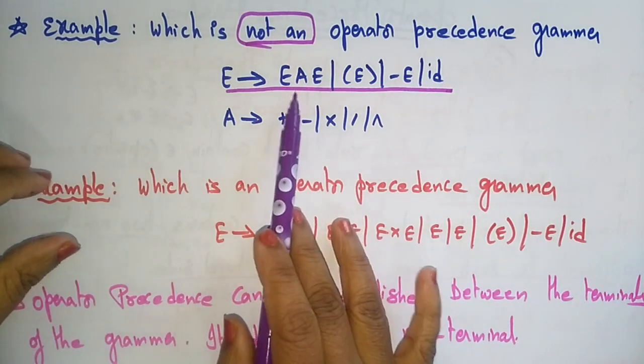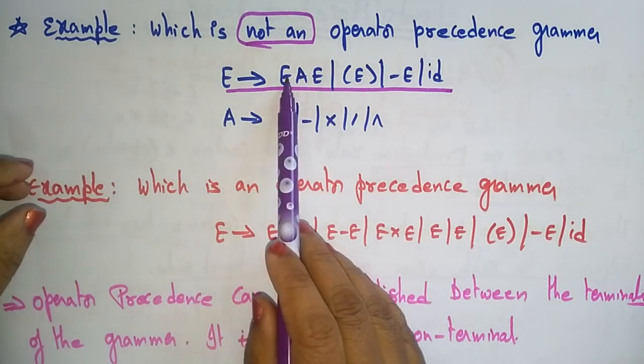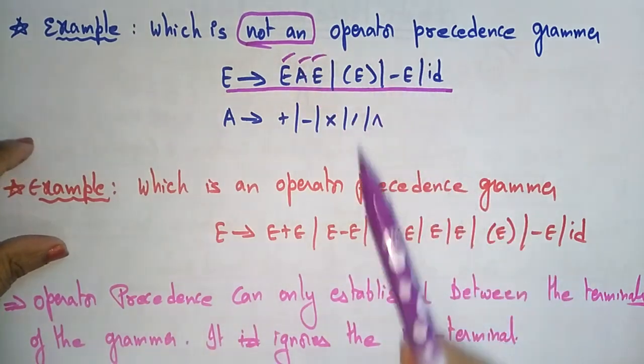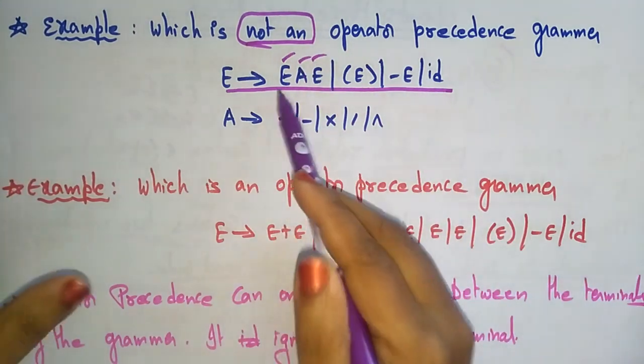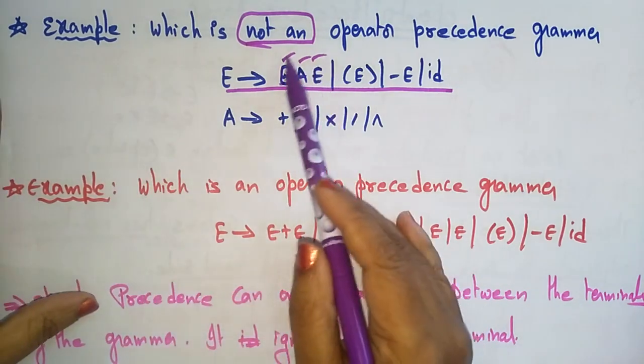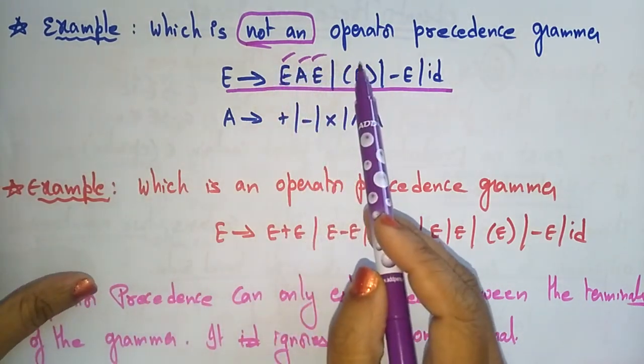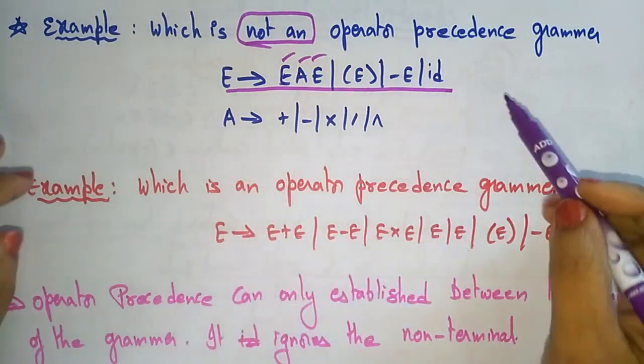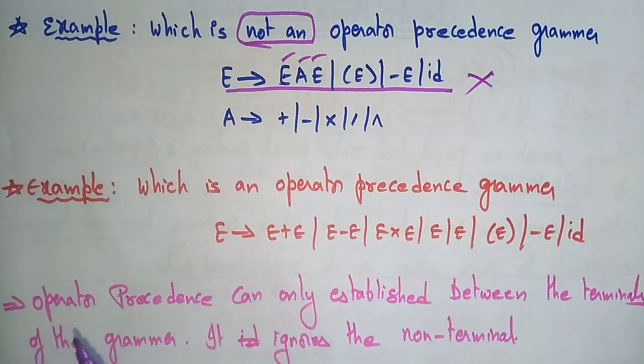Because the non-terminals are adjacent to each other. E is a non-terminal, A is a non-terminal, E is a non-terminal, all together, adjacent to each other. So this is not an operator precedence grammar according to our condition.